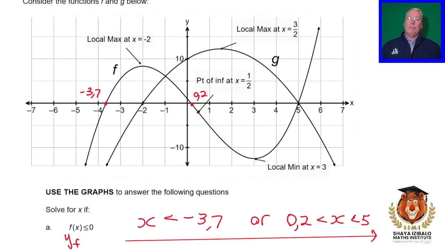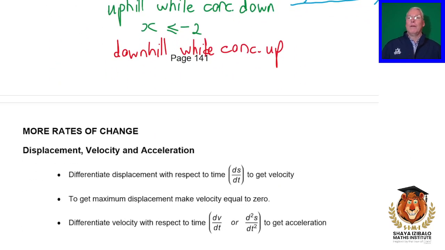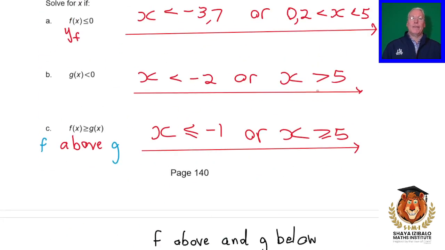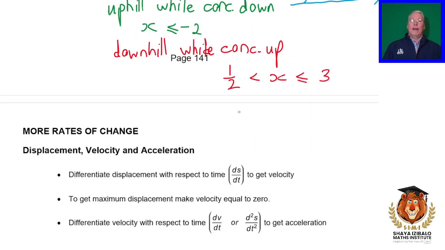It becomes like a cup at a half, and it goes downhill until 3. Right, but we cannot include the half. The reason we can't include the half is because the second derivative would be 0. So we're going from a half to 3, but we're not going to include the half, because the half would give us a 0 underneath, undefined. Okay, so a half less than x less than or equal to 3.